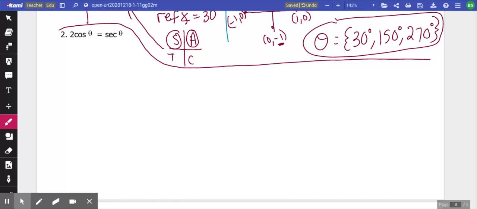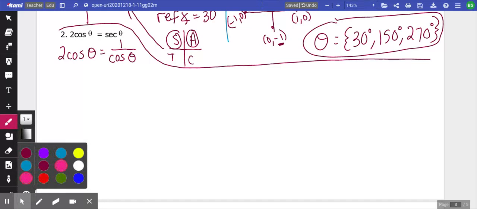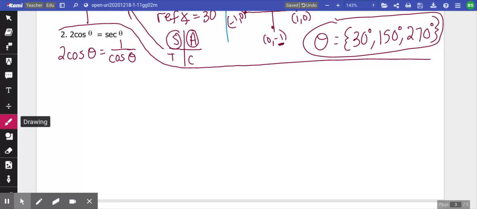So I'm going to rewrite secant theta as 1 over cosine theta. Okay. And now I'm going to solve for theta. So I'm going to cross multiply. So I have 2 cosine squared theta equals 1.